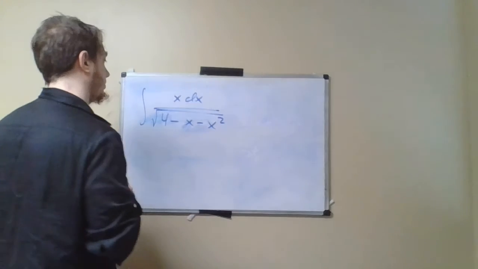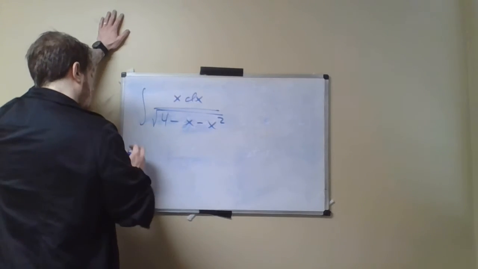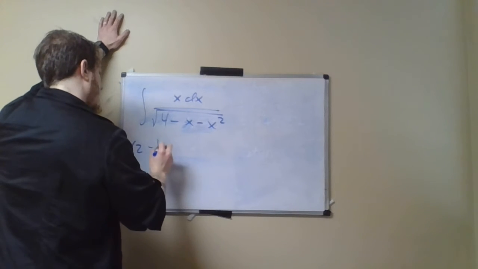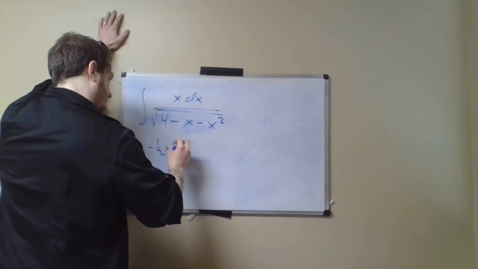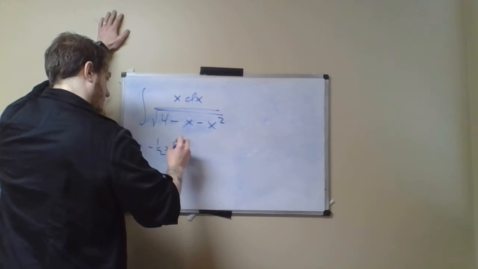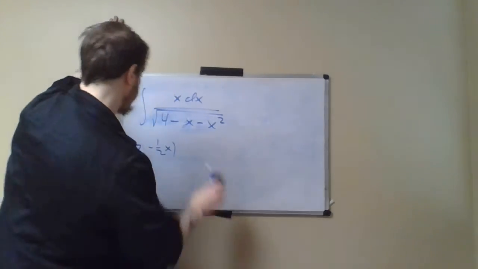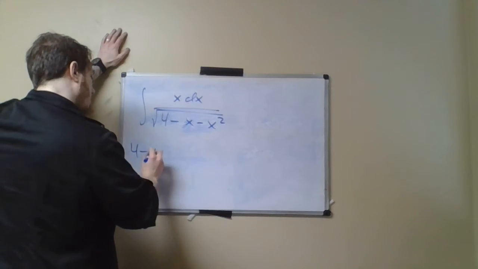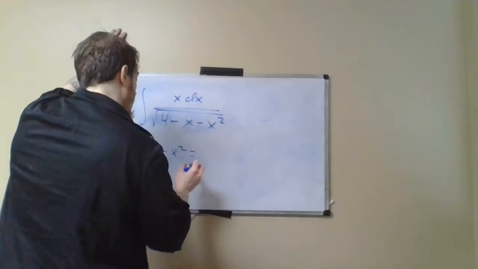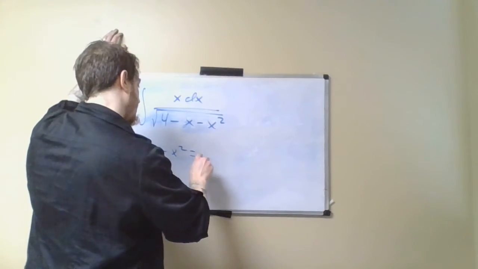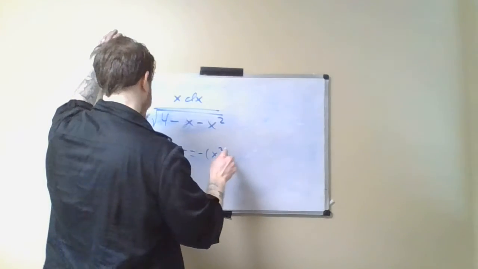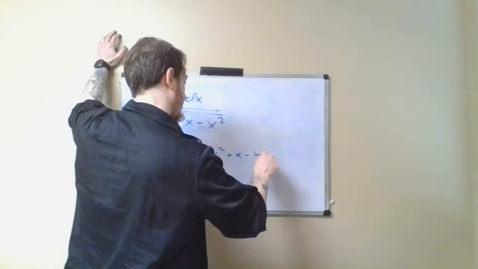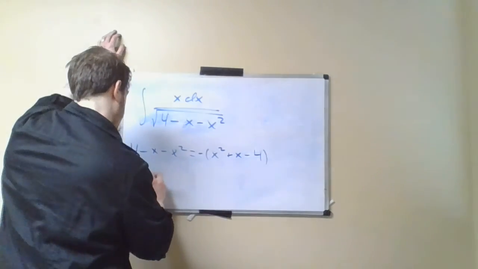So how could I complete the square on this guy? Well, I can think of this as 2 minus 1/2 x. Actually, probably an easier way of thinking about this is we can rewrite 4 minus x squared. This can be rewritten as negative x squared plus x minus 4.